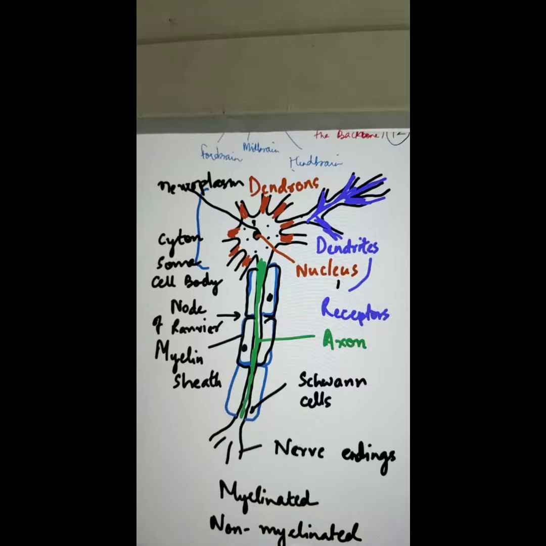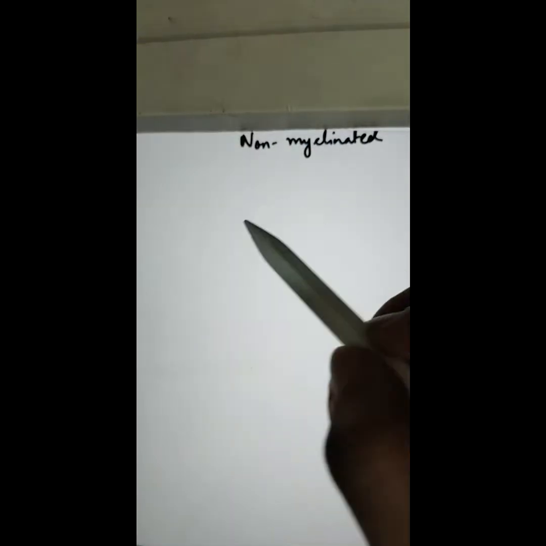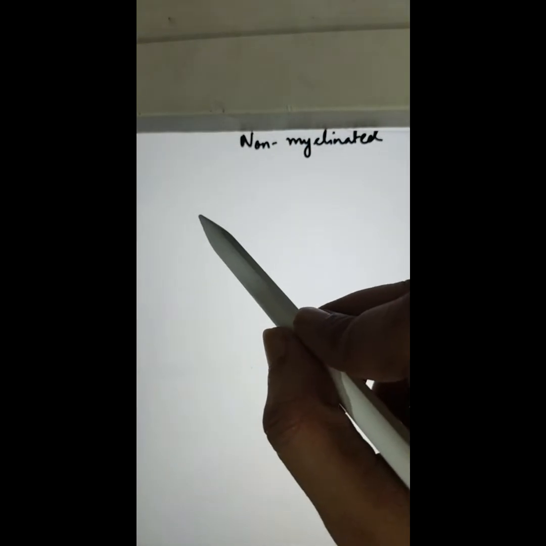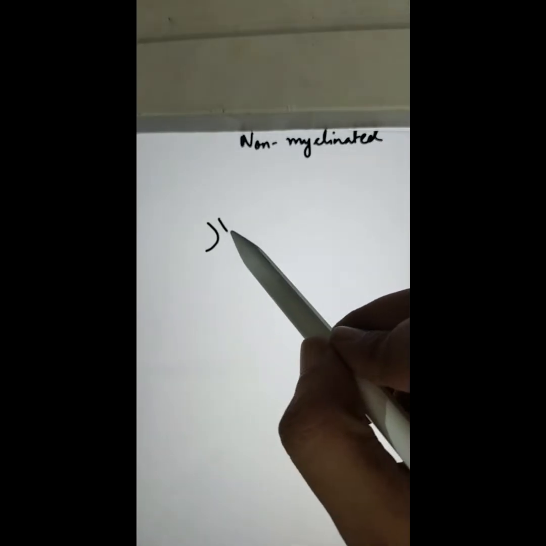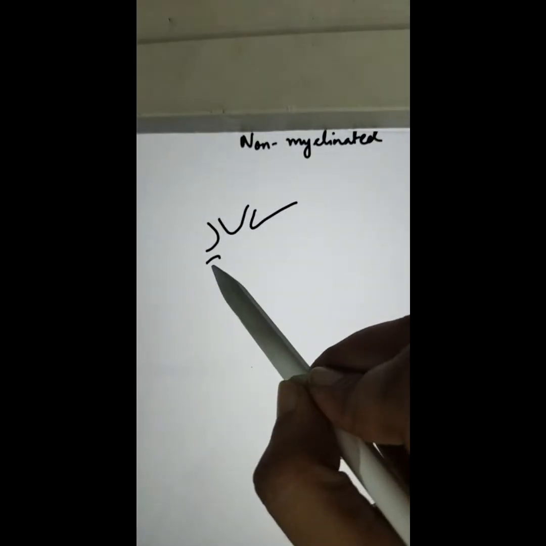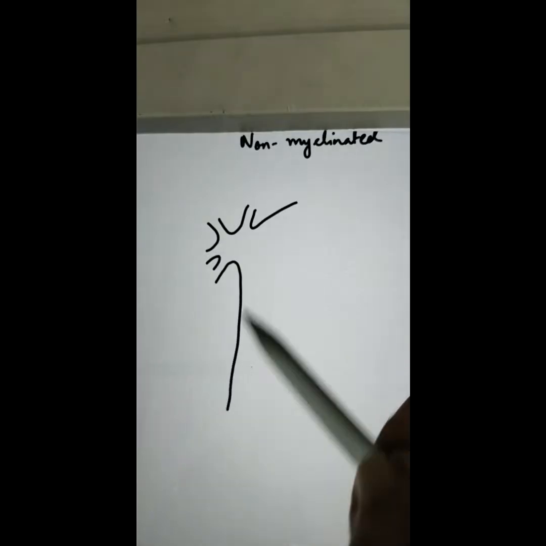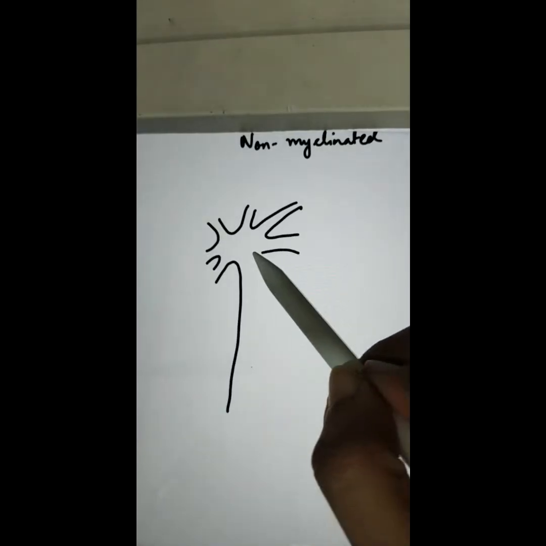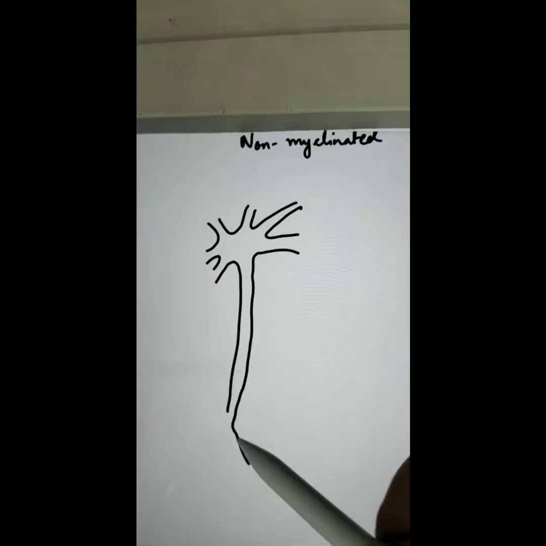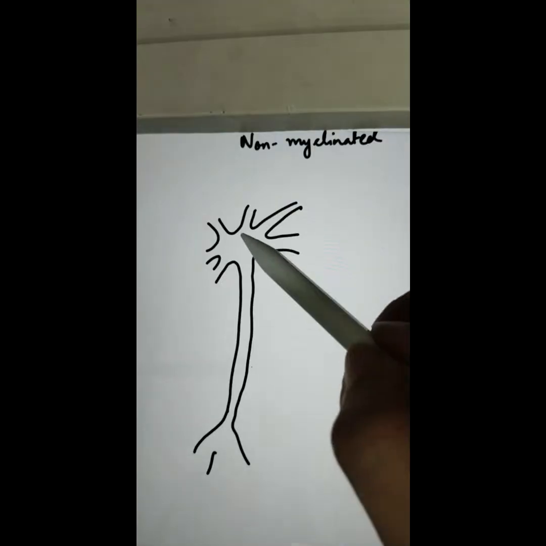Okay. Now, as this has become cumbersome, I will be speaking and drawing now. So I am making a neuron again, and I am not going to label this diagram. I will just be speaking so that each part is clearer to you.